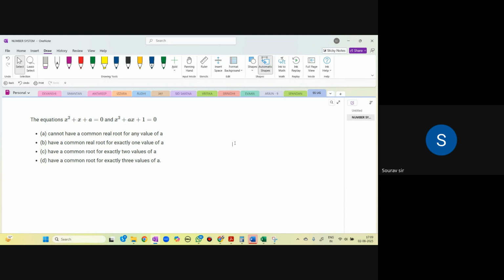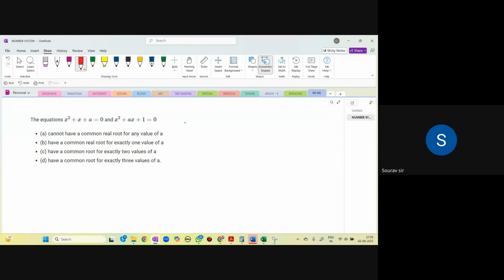What is the criteria of common roots? How do you resolve common roots? Okay, there's a formula for it, which is called Cramer's formula. But in case you don't know the formula, you don't need to worry.